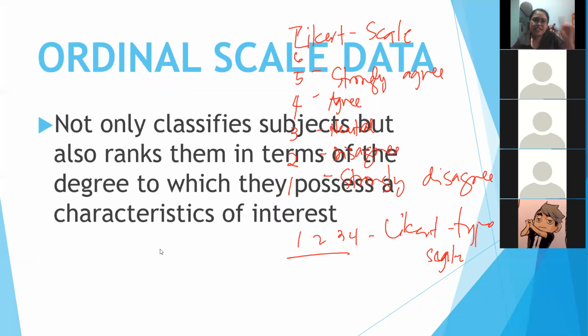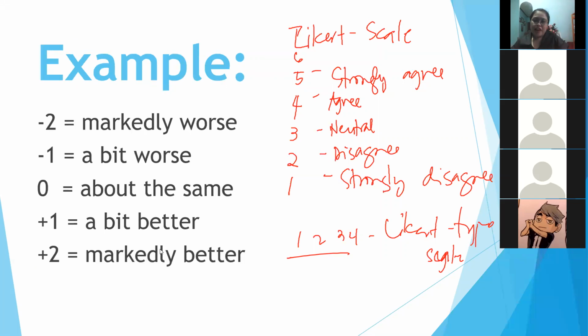Again, ang ordinal scale, naa siya numerical value, but it is being ranked according sa degree of preference or degree sa property or characteristic of interest that we want to measure. So pag pangutanon, example, the question is kanang vaccine sa Pfizer.